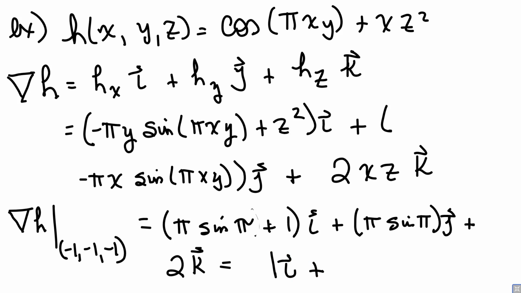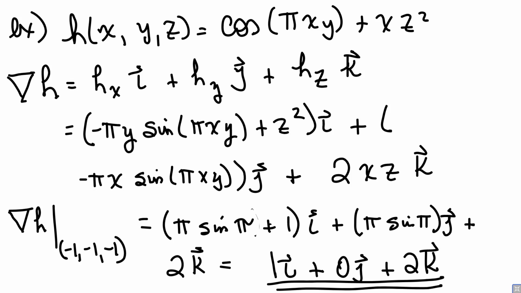For the j component, it's going to be 0. And in the k component, it's going to be 2 in the k. So here's our gradient of h evaluated at the point. Any questions?